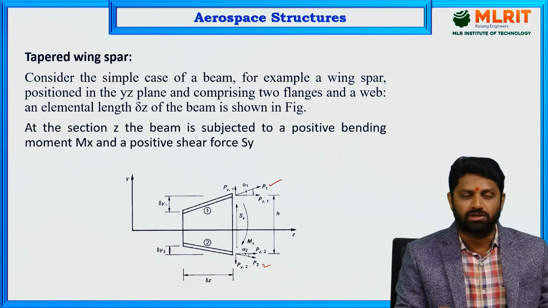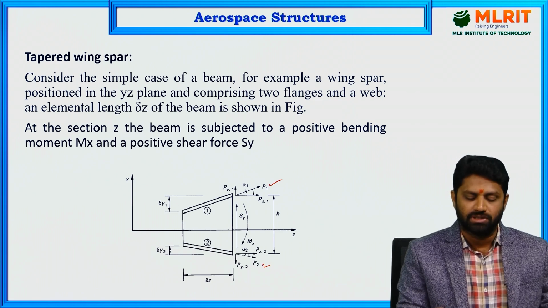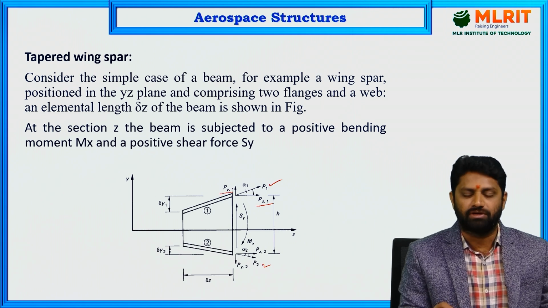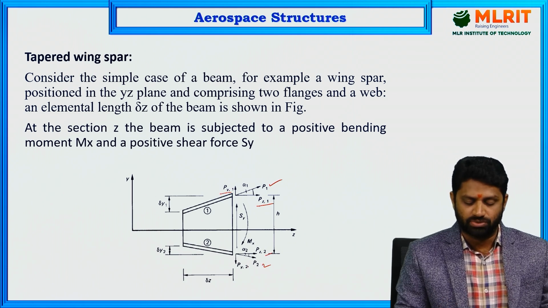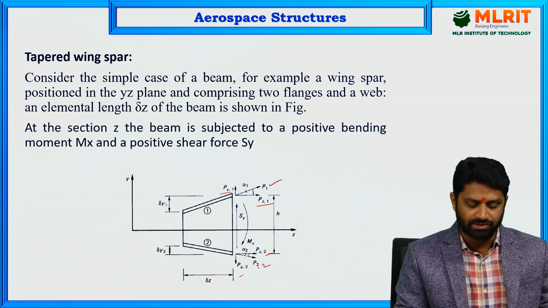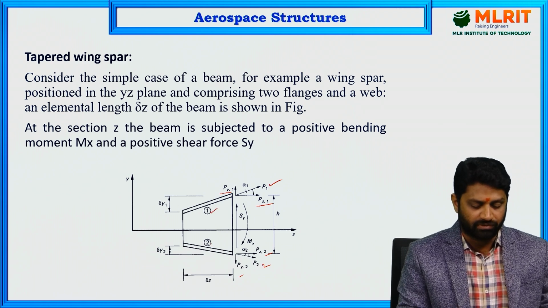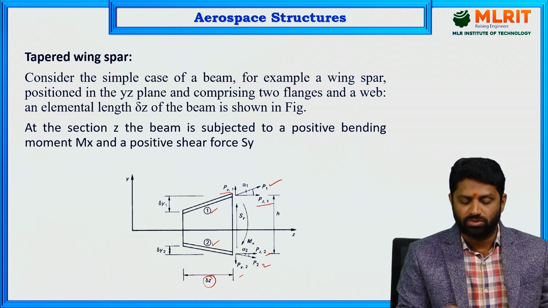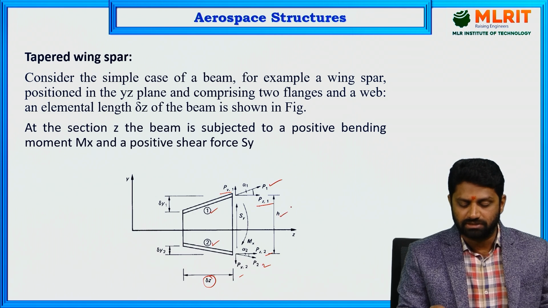One is a horizontal component, the other one is a vertical component. So you can consider PZ1 and PY1 are the horizontal and vertical components of the axial load P1, whereas PZ2 and PY2 are the horizontal and vertical components of axial load P2 in the lower flange, and you can give the numbering also for 1 and 2. And let us assume that we considered one small element of width delta Z, and since the total depth of the beam, you can consider it as H.